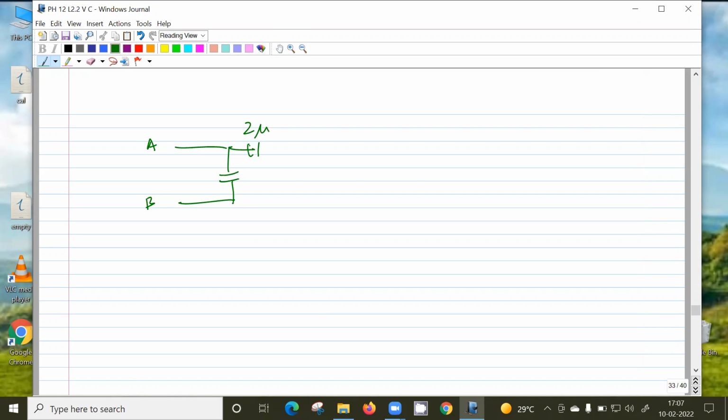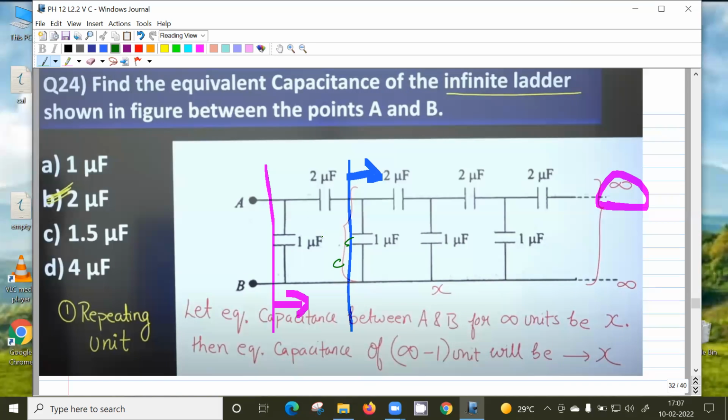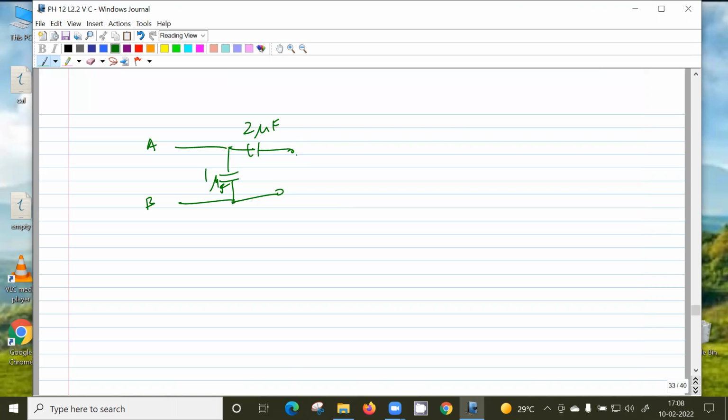This is 2 microfarad. This is 1 microfarad. And whatever is here, the equivalent capacitance is C. And the capacitance across AB will be equal to 2 microfarads and C, let this also be C microfarads.